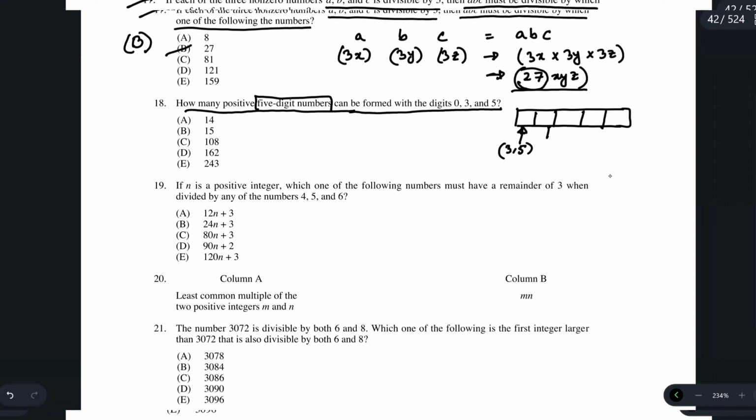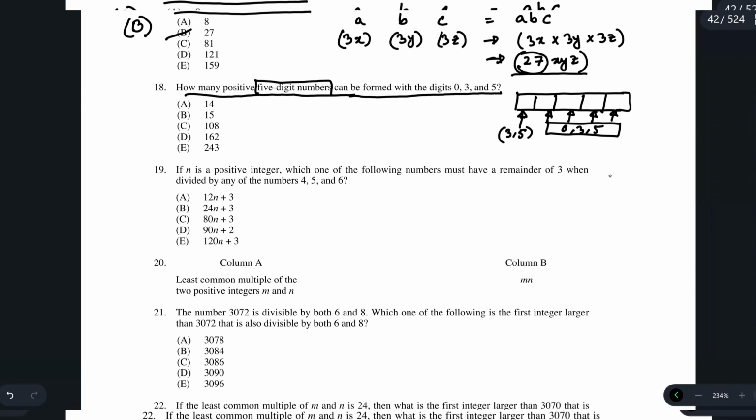But all the other 4 digits, the second, third, fourth, and fifth, can take any value among 0, 3, and 5. So for the first digit we have 2 options, and for the second, third, fourth, and fifth we have 3 options each. The total number of options is 2 multiplied by 3 multiplied by 3 multiplied by 3 multiplied by 3, which equals 6, 18, 54, or 162.